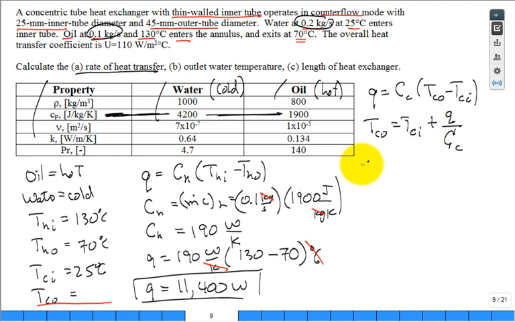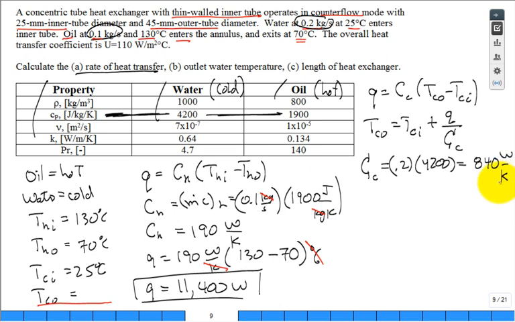So we calculate the heat capacity rate of the cold. The heat capacity rate of the cold is the product of the mass flow rate 0.2 times 4200. So that's 840. What are the units on that? Watts per Kelvin. Did I do that right?